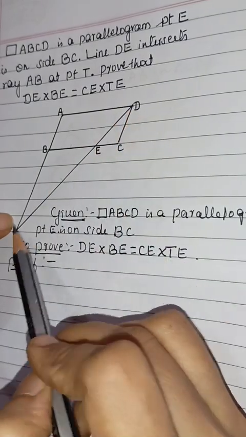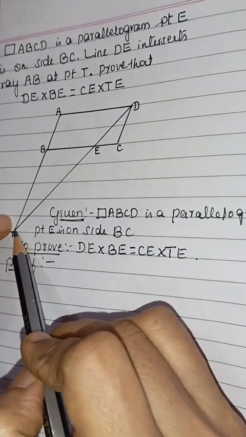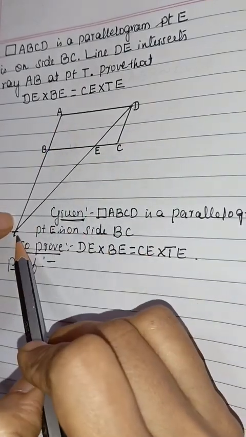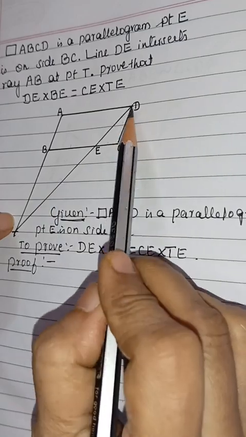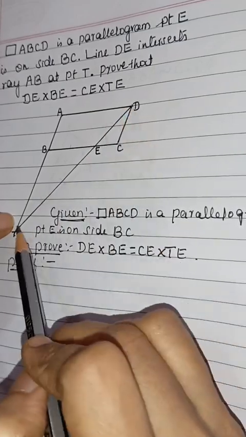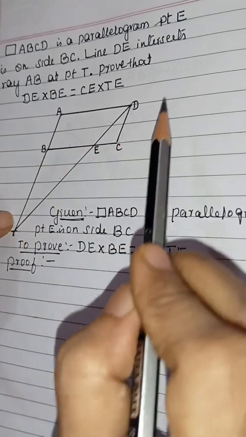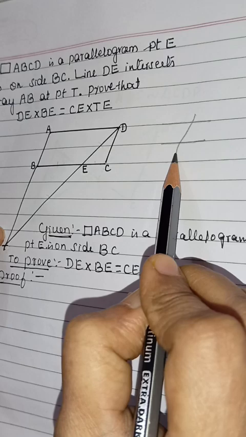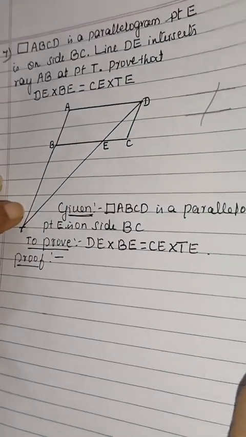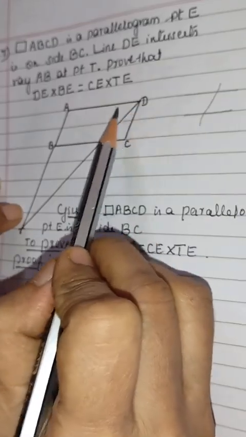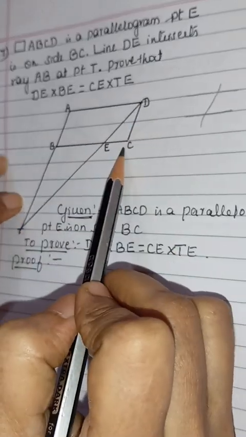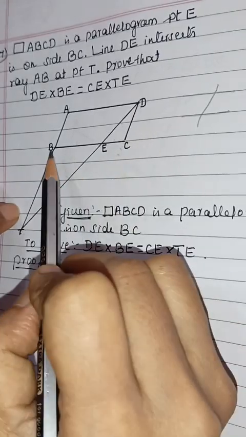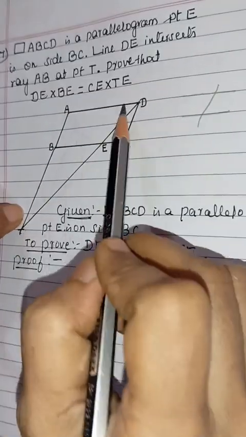And this transversal DT is intersecting at point T. Therefore, AB is parallel to CD and AT is also parallel to DC, and DT is a transversal here. Okay, you know, two parallel lines and a transversal.